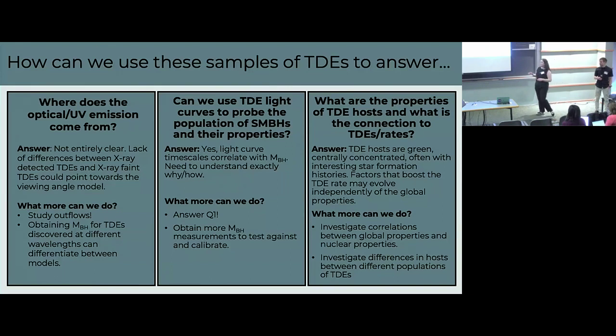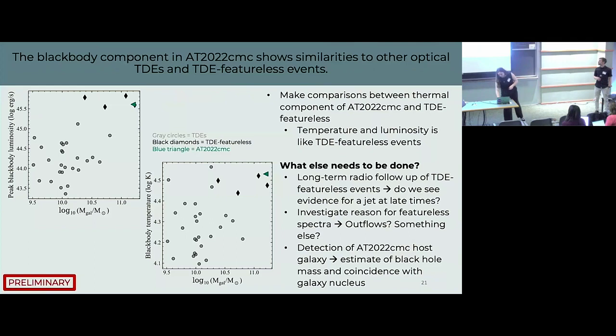Yeah. So I guess I'll just go back. So that is certainly a point of tension, that the jetted TDEs are maybe more consistent with having lower black hole masses, and these ones have pretty high black hole masses. The one thing that we might want to keep in mind is that this is the thermal emission.